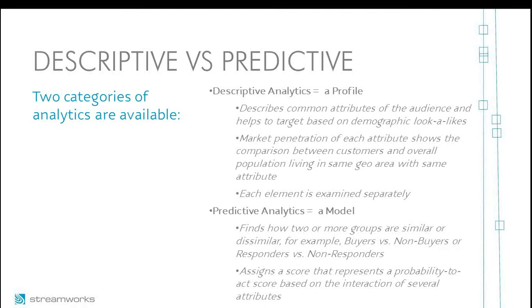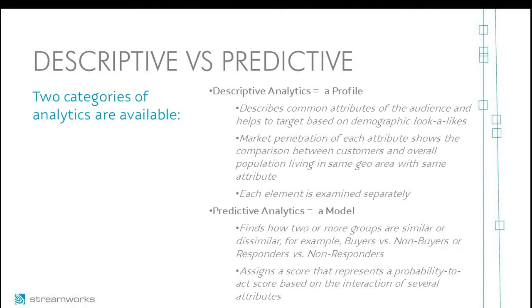Predictive analytics looks at two groups of folks. So in your marketing efforts, you have responders and non-responders. Or you've done a campaign and you have the buyers and the non-buyers. In predictive analytics, you look at both of those segments. You compare and contrast. What's the same between the groups and what's different between the groups? Then you try to understand what makes them tick.